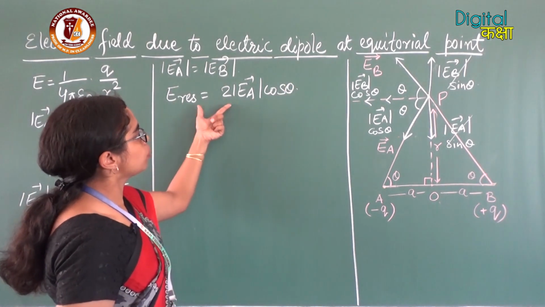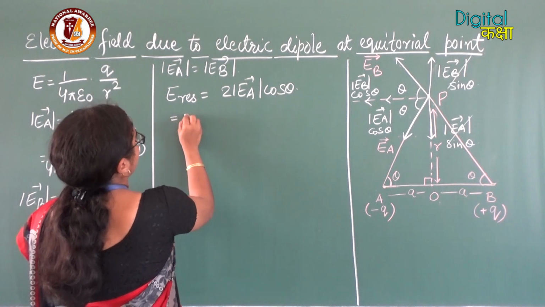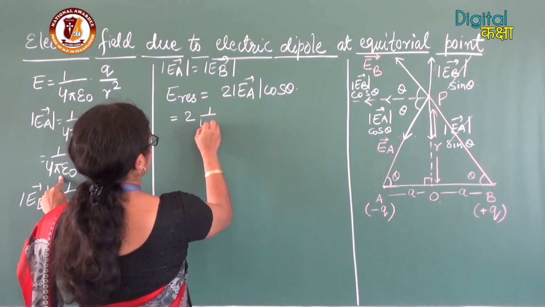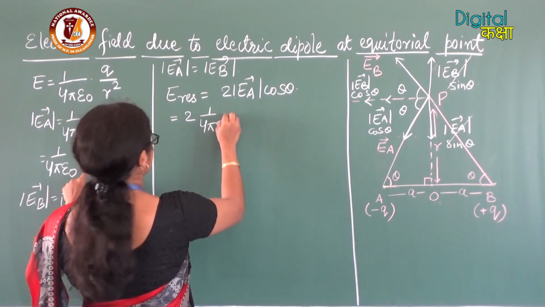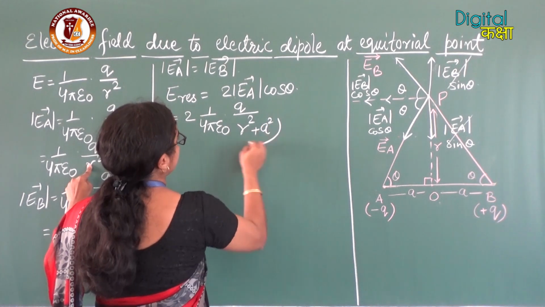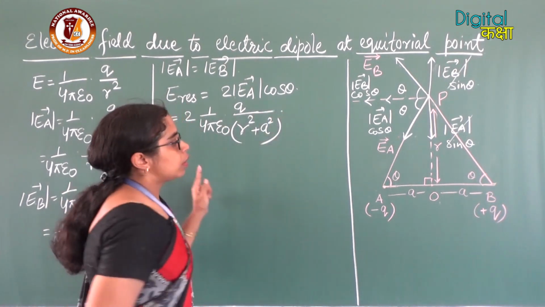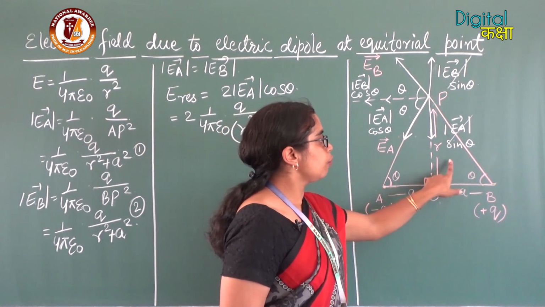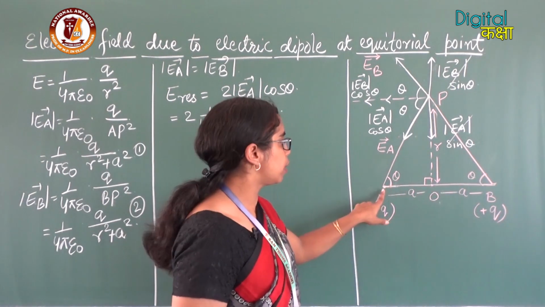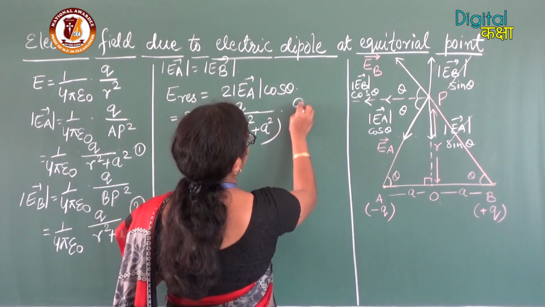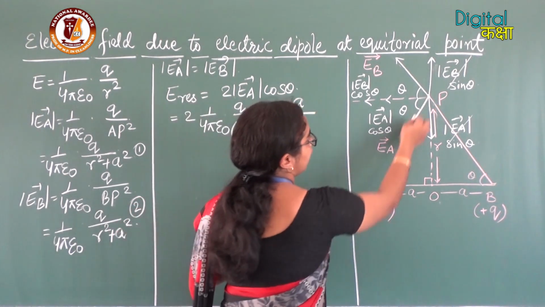Now when I substitute the values here, for EA I substitute from equation number 1, that is 1 upon 4 pi epsilon naught Q upon R square plus A square. The value of cos theta can be calculated from either of these right angle triangles, from where I can write it as A upon AP.